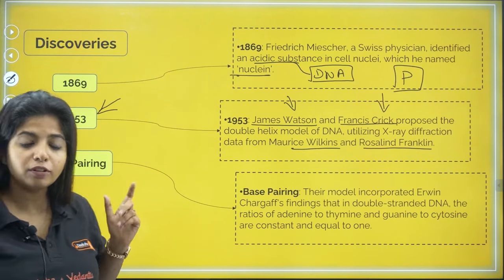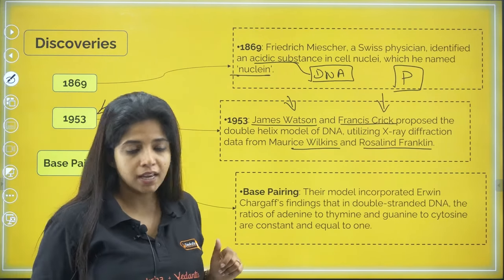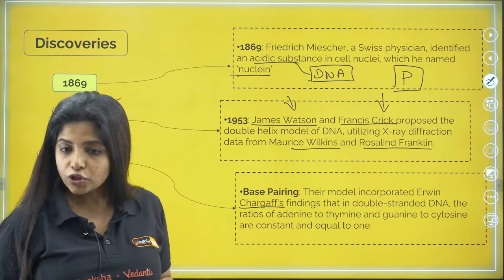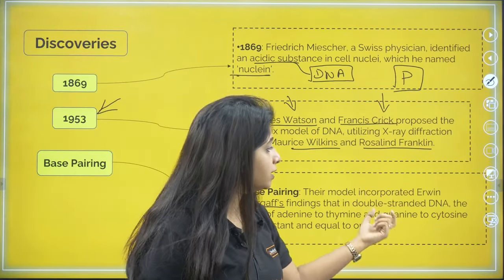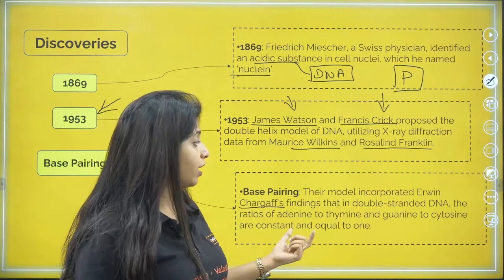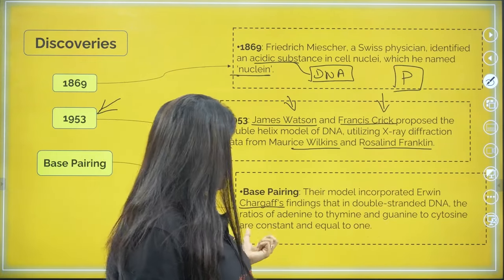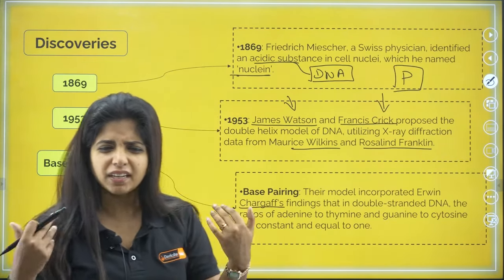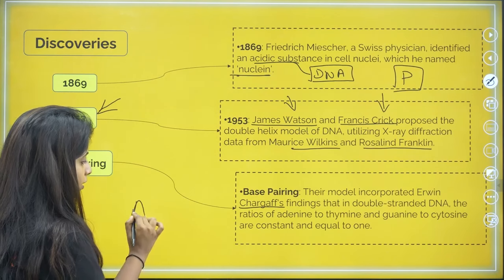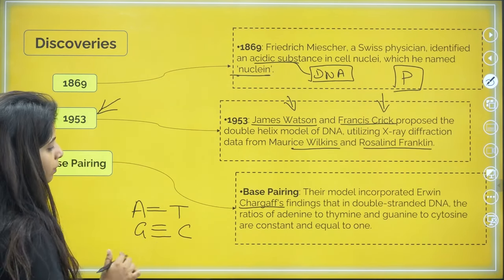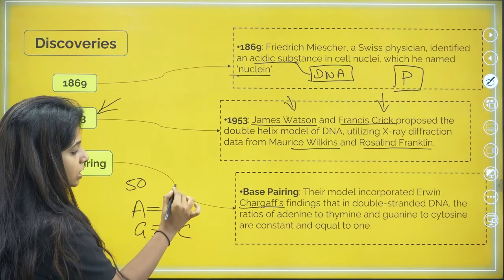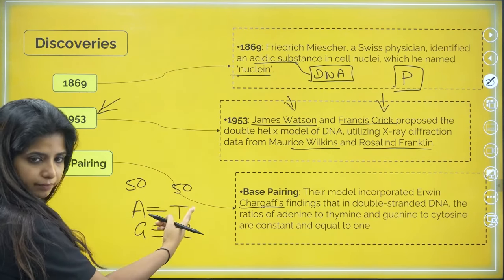Now, if you go ahead, one more thing is being mentioned about Chargaff. Their model incorporated Erwin Chargaff's finding that in double-stranded DNA, the ratios of adenine to thymine and guanine to cytosine are constant and equal to, and ma'am, I didn't understand anything. Listen, I told you adenine is going to base pair with thymine, guanine is going to base pair with cytosine. Now you tell me, if 50 adenine is there, obviously 50 thymine will also be there. Agreed?